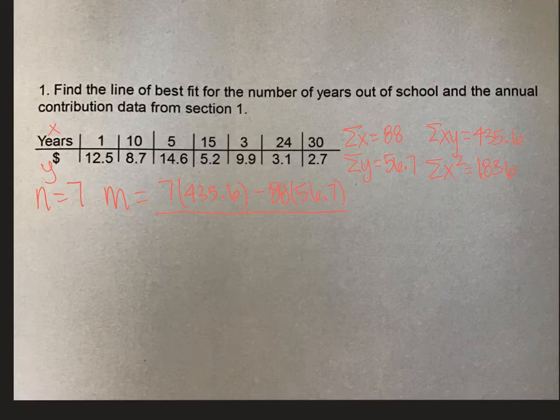And then we're going to divide that by n times the sum of x squared minus the sum of x, quantity squared.